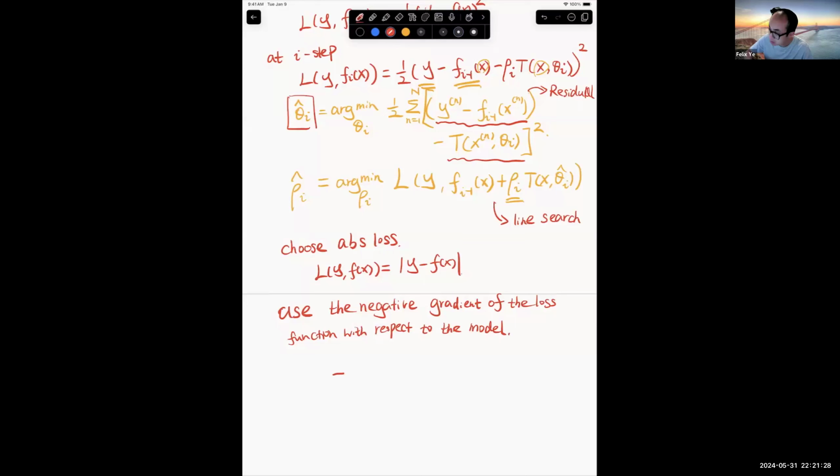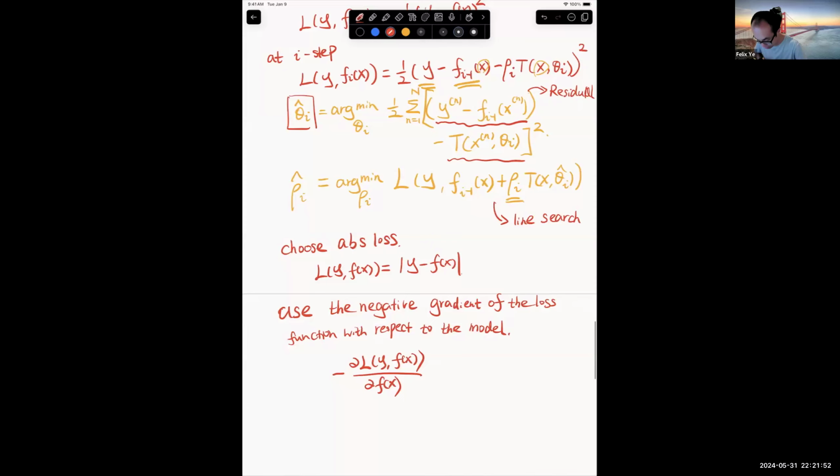Basically, it's minus partial L of y and f(x), over partial f(x). This is like gradient descent, but in the direction of the function f(x). So this is slightly different.